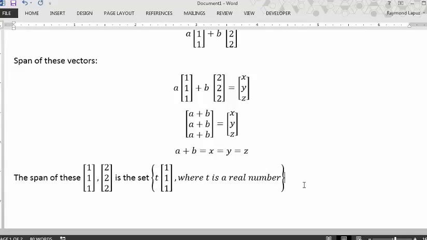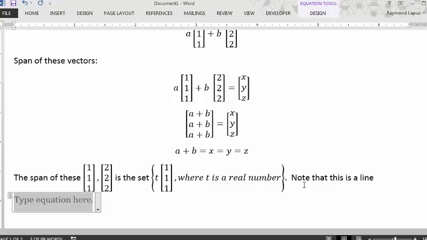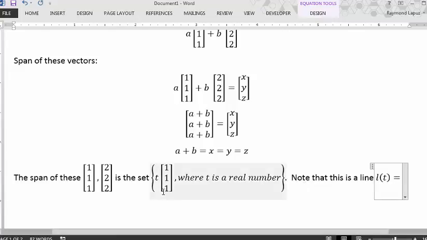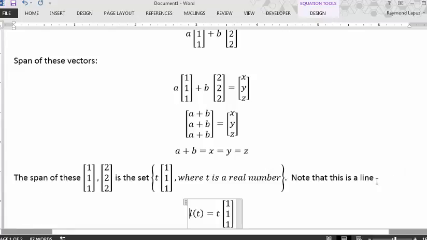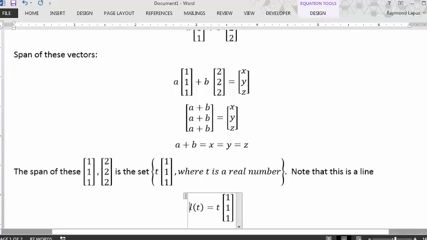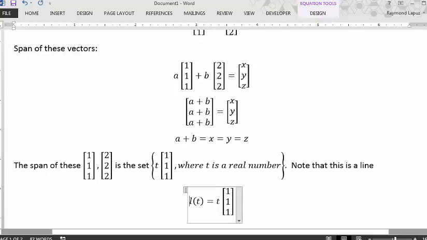So the line would look like this: L of t equals t times 1, 1, 1, or if you want to write this in parametric form, x equals t, y equals t, and z is equal to t. Okay?